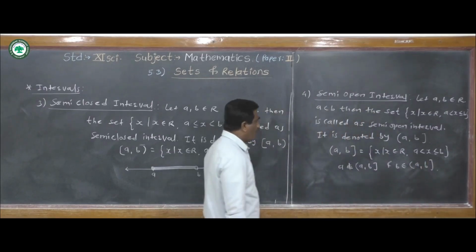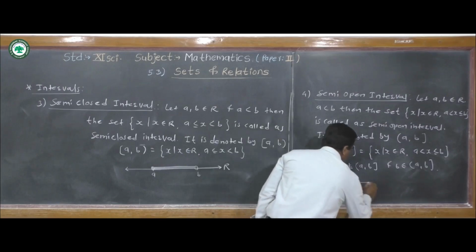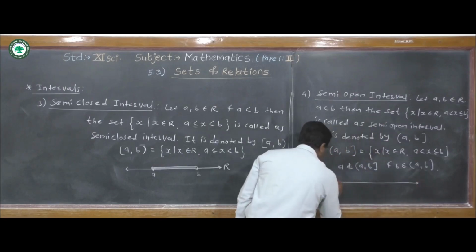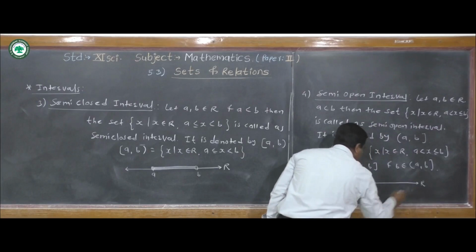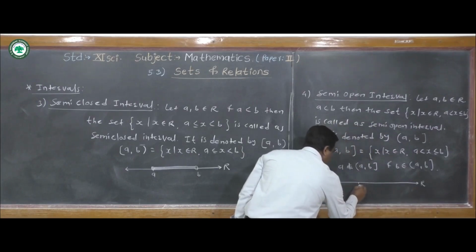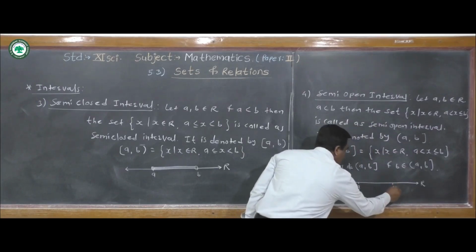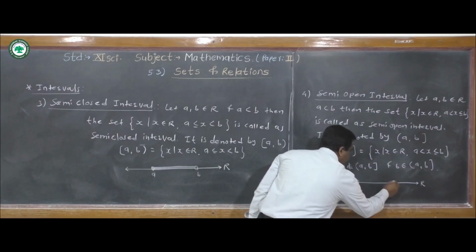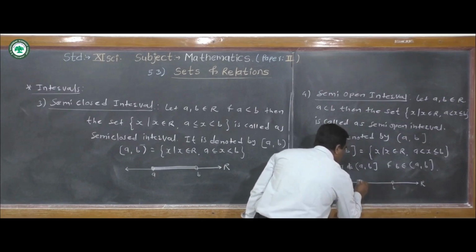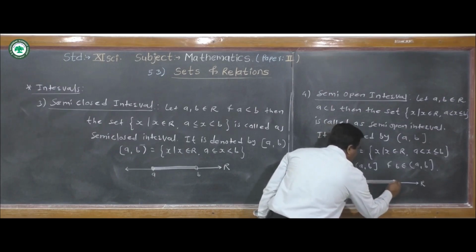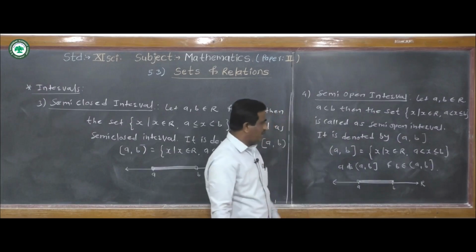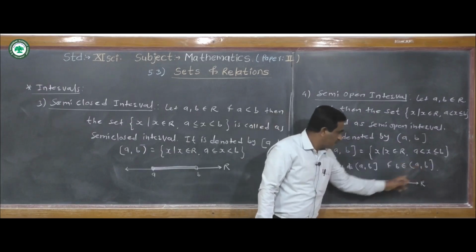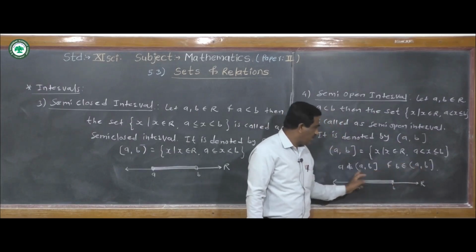Now the graphical representation: this is R, the number line, here point A, B, interval A to B. Here B is included in the semi-open interval and A is not included in this interval.